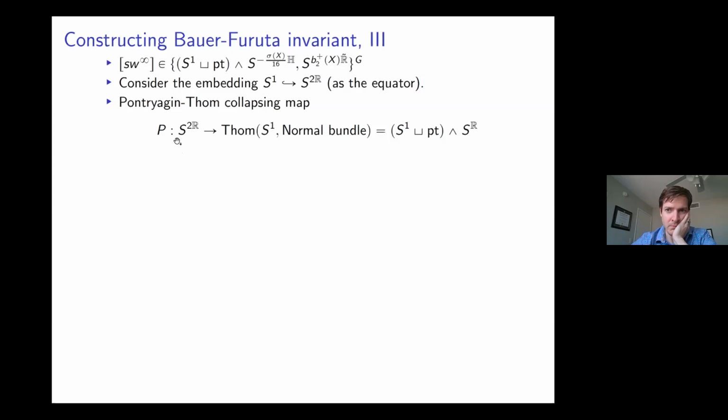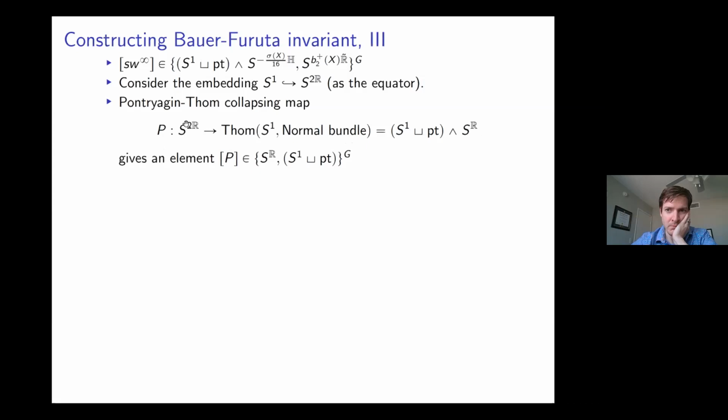So that provides us with a map from S2R to this Thom space of the normal bundle, and the normal bundle is trivial, so it's just the smash product of S1 with a disjoint base point union and this sphere. This is the Pontryagin-Thom collapse map, and it gives an element in this stable homotopy group. We denote this element by P.